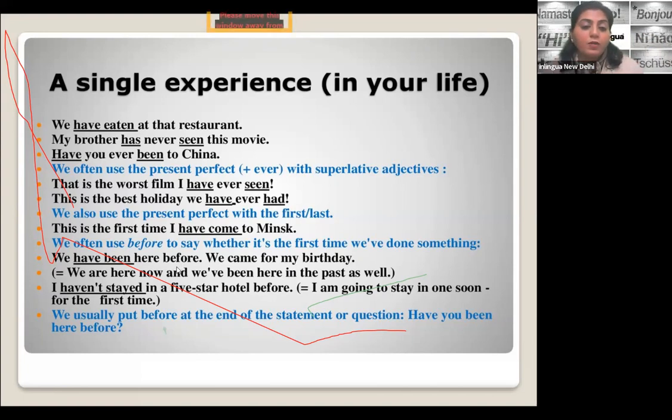And if you talk about a regular positive sentence, I have been to China before, or I have visited China before, meaning before today, I have visited China one time minimum. All these words are indicating that something happened as a single life experience.